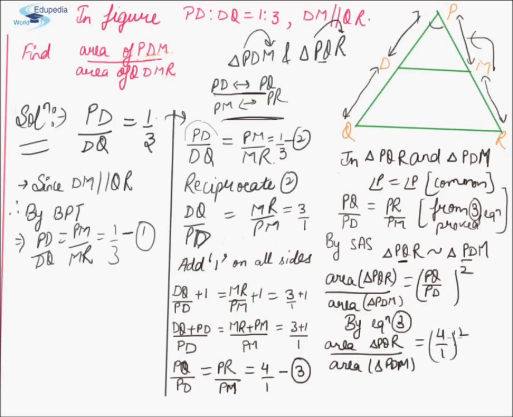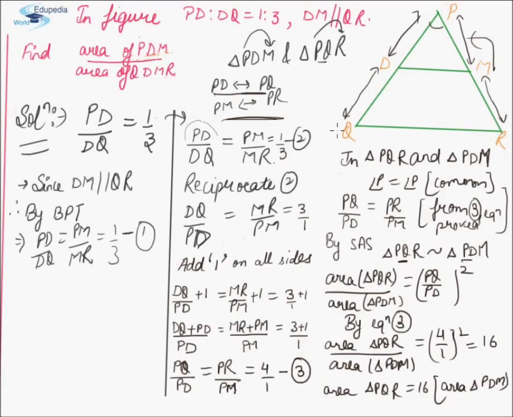Thus, on simplification, it will give us 16. Or we can say that on cross multiplication, area of triangle PQR is equal to 16 times area of triangle PDM. But friends, in the given question, we need to find area of triangle PDM upon area of QDMR trapezium.